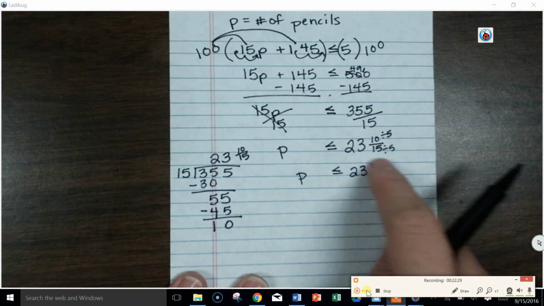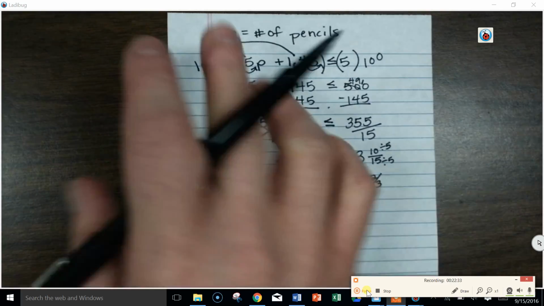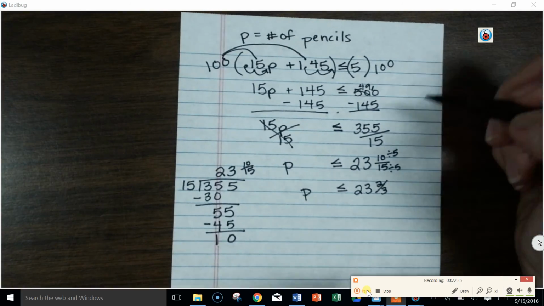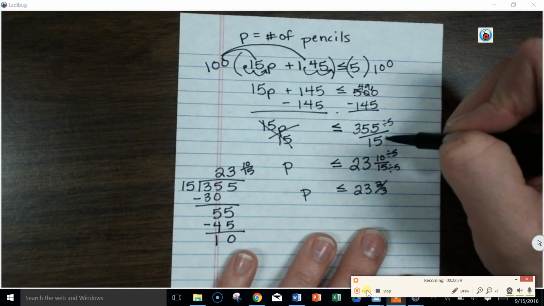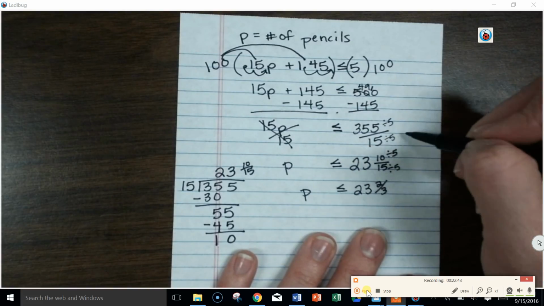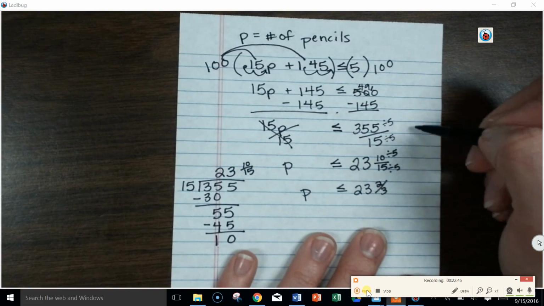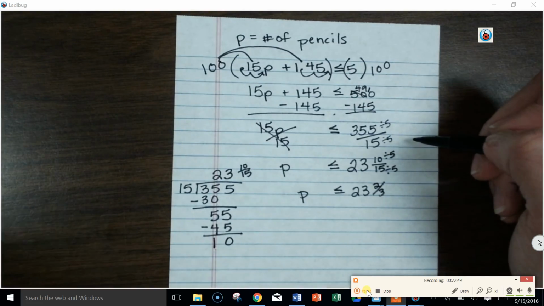Now, it's nice to have a mixed number here because I'm actually talking about a real-world problem, the number of pencils. If you just went ahead here and said, I know I can divide both of these by 5 as they're written now, and that would give me some other improper fraction that's all the way reduced, that wouldn't really tell me the number of pencils.